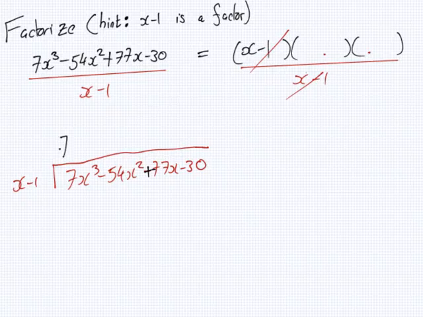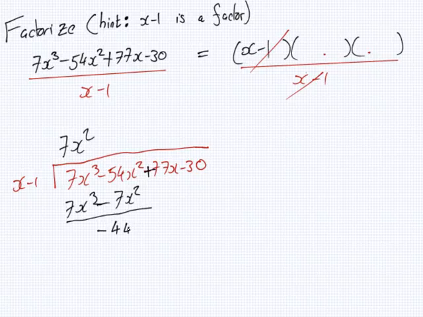Alright, so what do we have first here? 7x squared. 7x cubed minus 7x squared. Now what do I have? Minus 47x squared plus 77x minus 30. What's next? 47x.